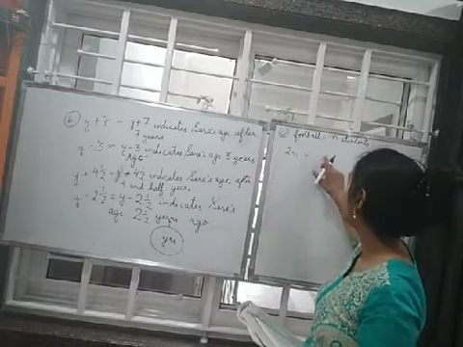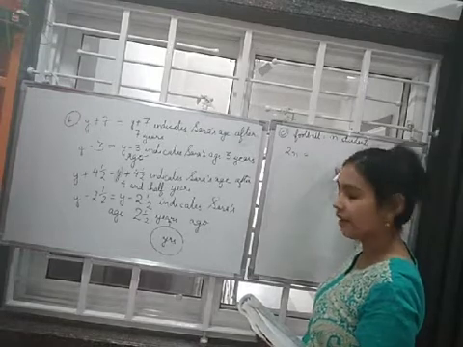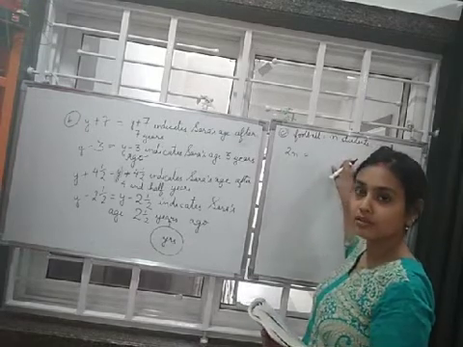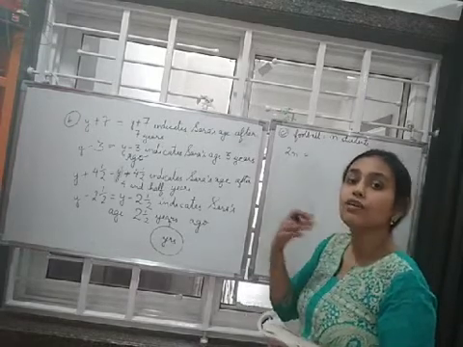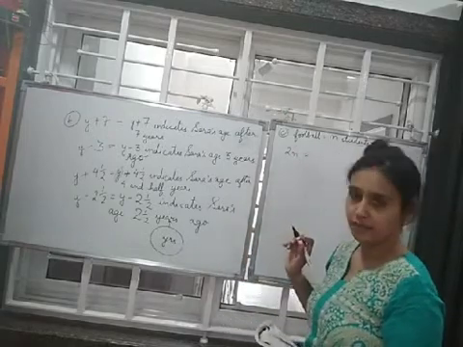So, twice of n, or you can write children who like football, they like some other game. Okay.